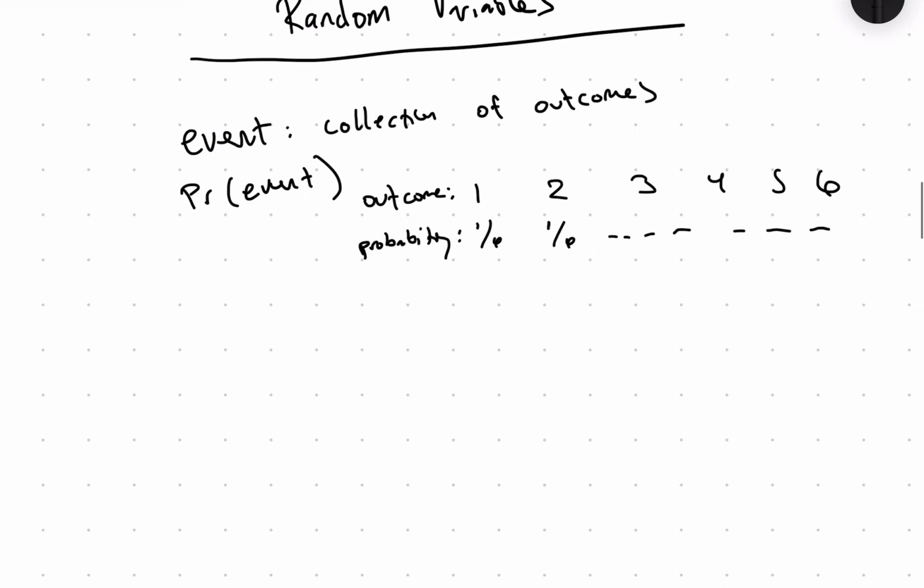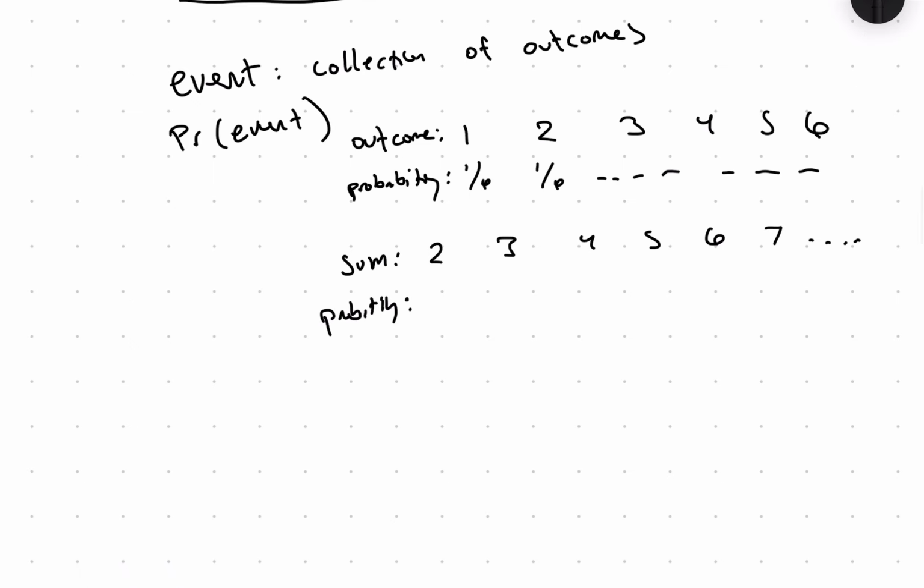But when we did the sum, it was 2, 3, 4, 5, 6, 7, and the probability was not constant. Maybe think about why.